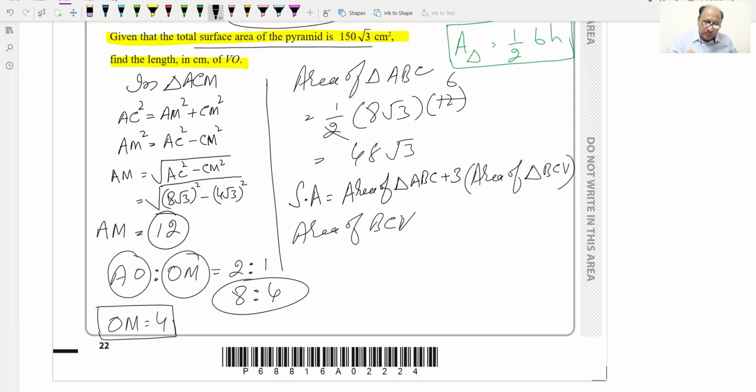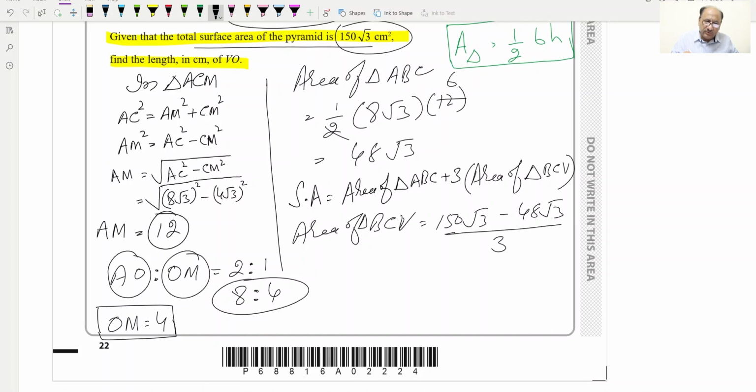Area of triangle BCV will be equal to total area minus area of ABC. Total area is provided, which is 150√3. So 150√3 minus 48√3, which is the base area ABC, and we divide by 3 because there are 3 triangles.